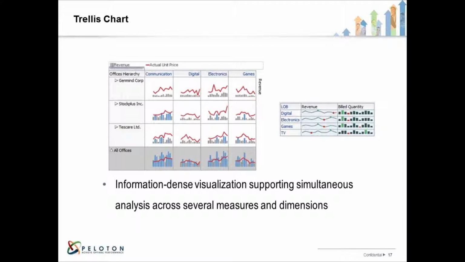It takes that basic framework of a relationship of some key metrics and some key categories or dimensions, and it expands them out to a matrix of combinations of other relevant domain values. So here, the designer of this Trellis chart has decided that unit price and revenue shown on a time series is a valuable way to look at the information.